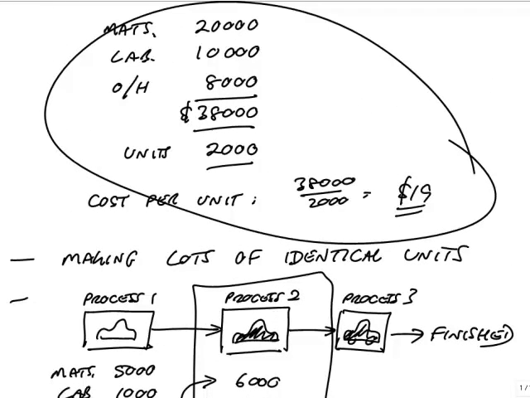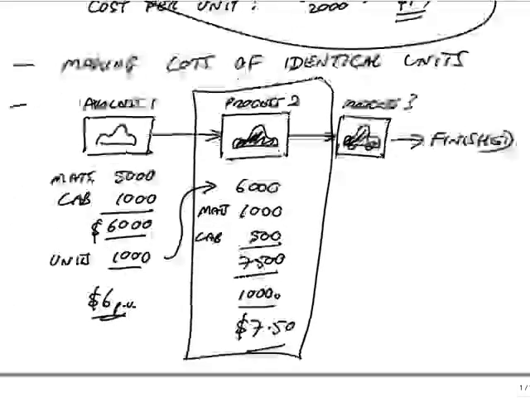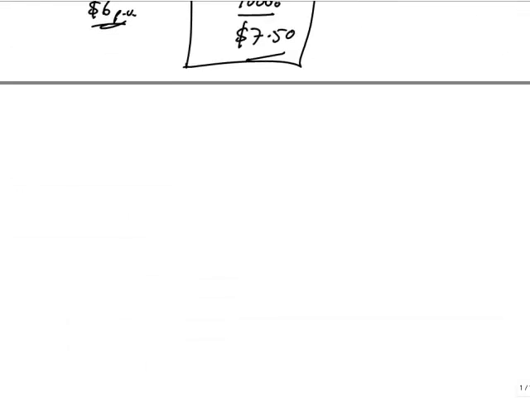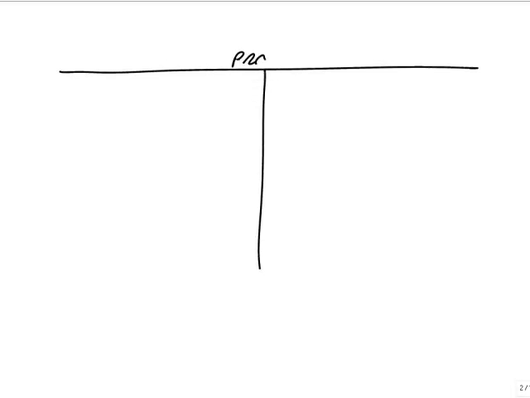All right? And so I have left space on page 58 for this same little example we've just done. Let me show you what we call the process account.